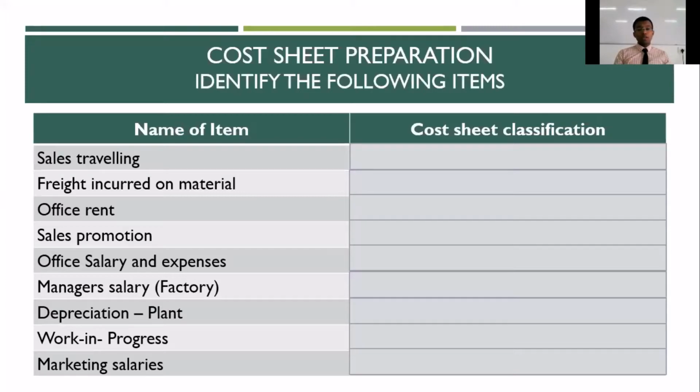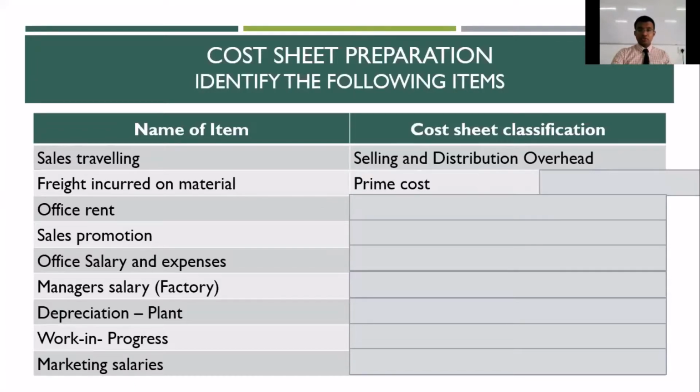That is what is referred to as sales traveling. So the correct answer for that would be selling and distribution overhead.